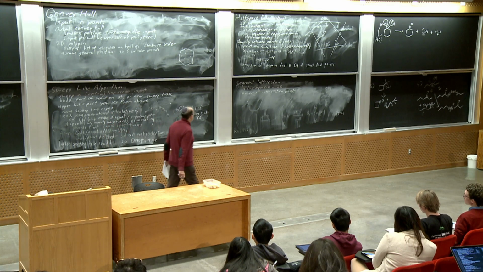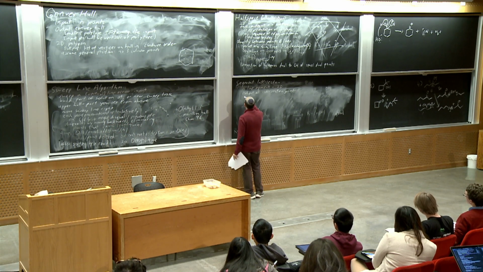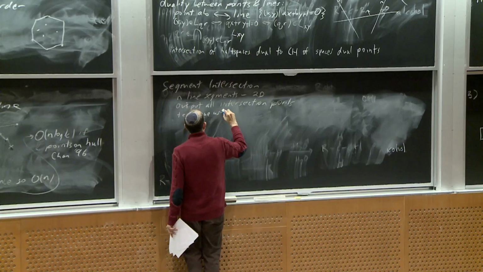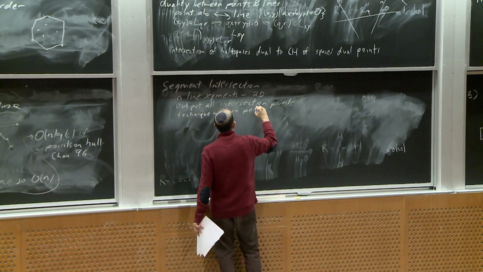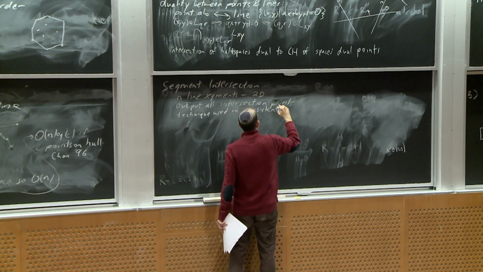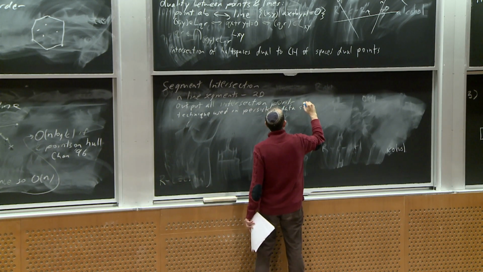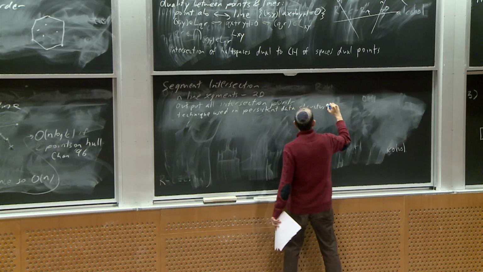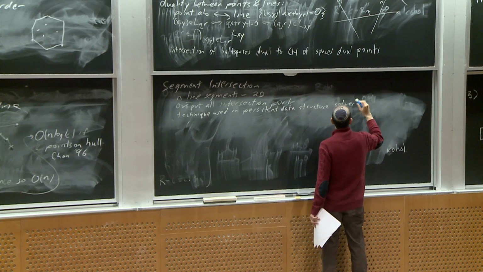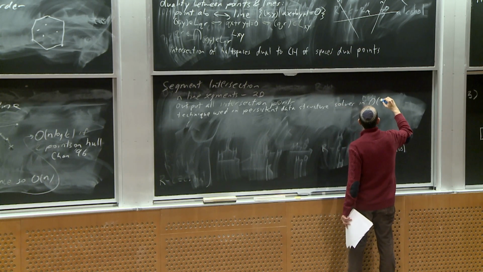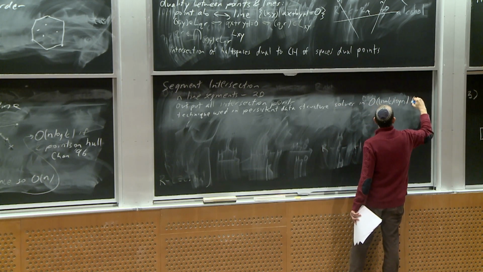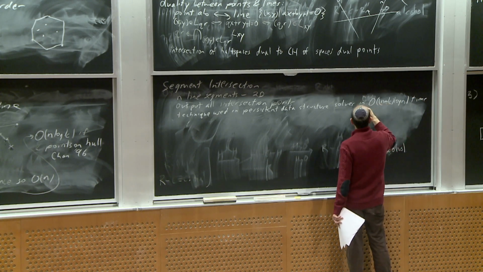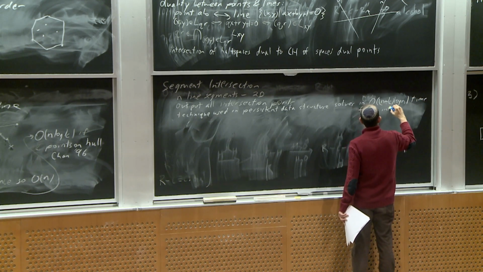So the technique we used in the persistent data structure solves this problem in order n log n plus k log n time for k intersections.